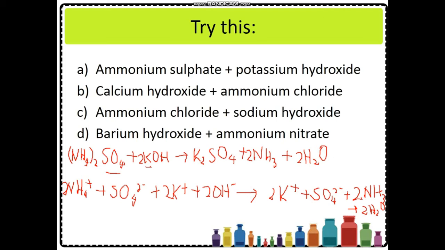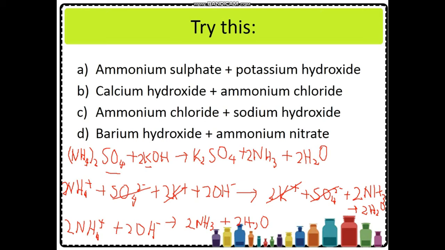We call these spectator ions, so we can cancel them out. What is left is the overall ionic equation: 2NH4 plus plus 2OH negative produce 2NH3 plus 2H2O.